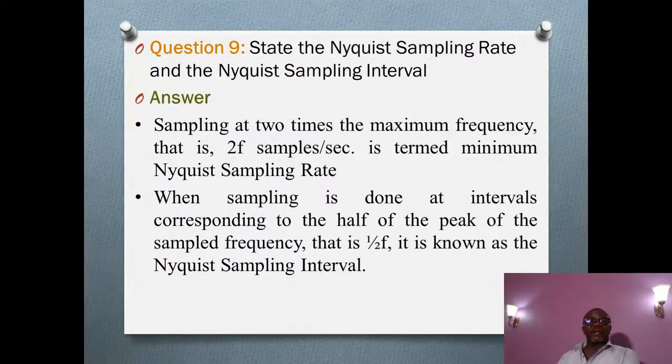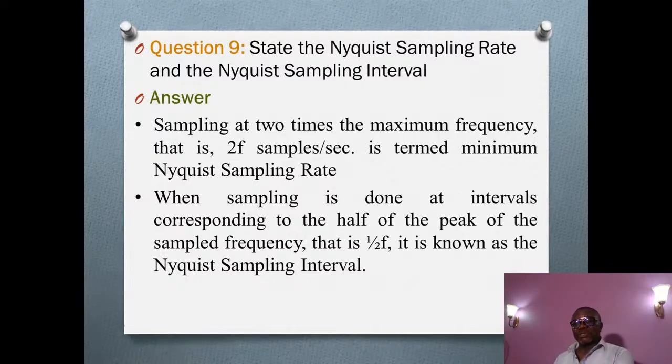So question 9 is asking us to state the Nyquist sampling rate and the Nyquist sampling interval. Our answer is this: sampling at 2 times the maximum frequency, that is 2f samples per second, is termed the minimum Nyquist rate.